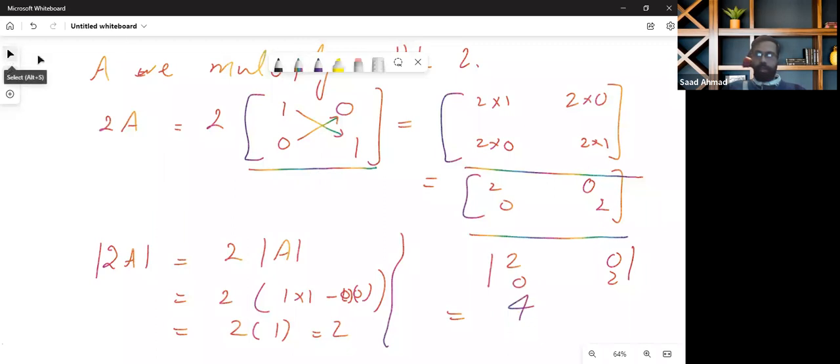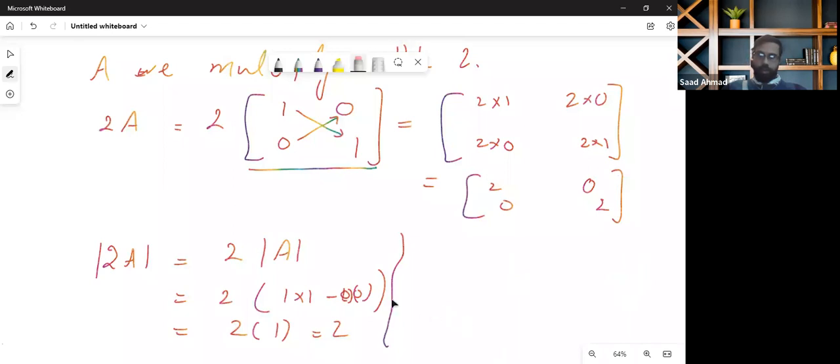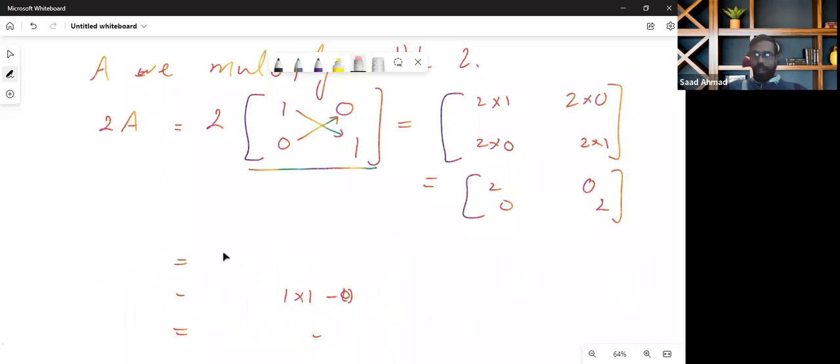Sorry about that. So this one doesn't work. All right, so we can multiply matrices by scalars like that: 2 times A, 3 times A, 5 times A.